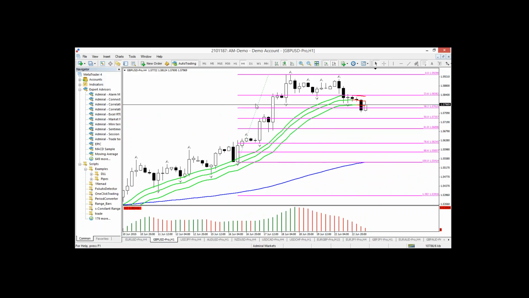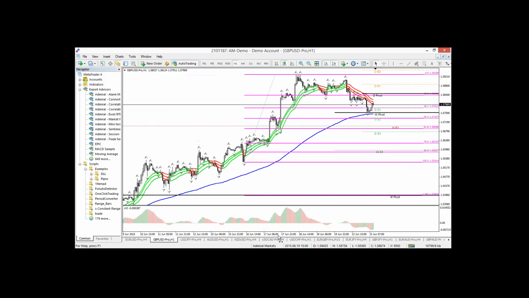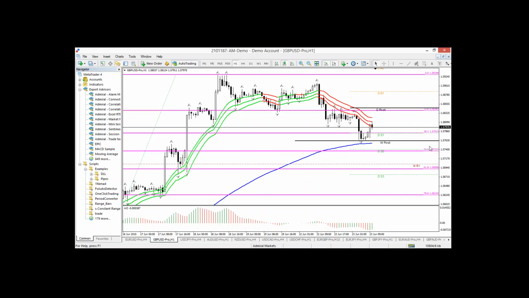Let me check where that fib is. Got to be careful of the 35 level actually too. So two targets. It could be 35 or about 157.10-ish. 60/90-ish. 40 risk.